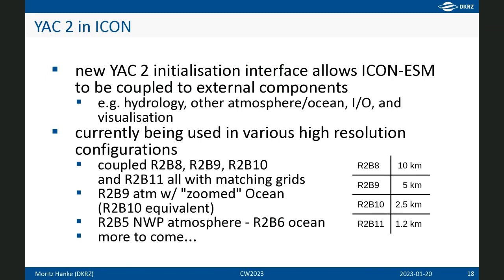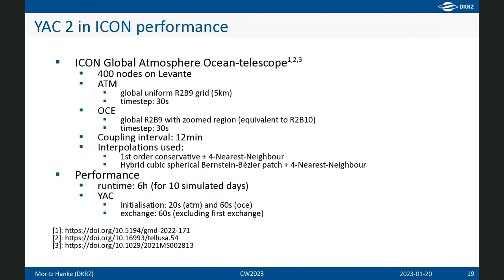This is rather uninteresting for the coupler, but there's also an R2B9 atmosphere coupled with an ocean, also an R2B9, but with a zoomed region where it's interesting, which makes it an R2B10 equivalent. And there's also a setup using an R2B5 NWP atmosphere coupled to an R2B6 ocean, and there are more to come in the future.